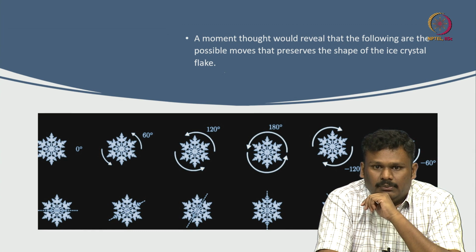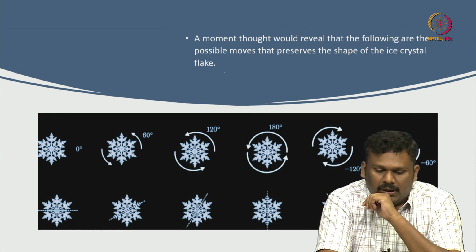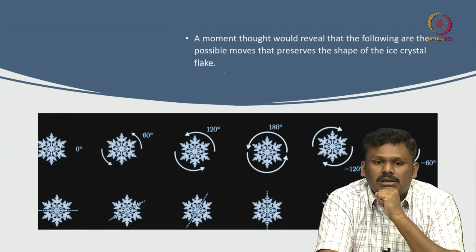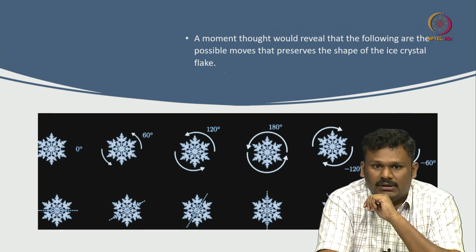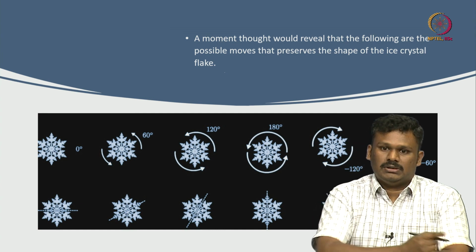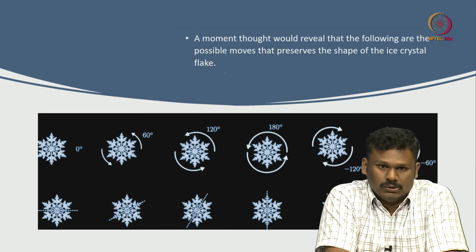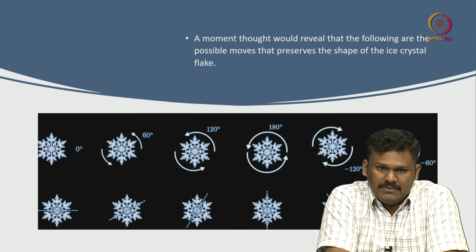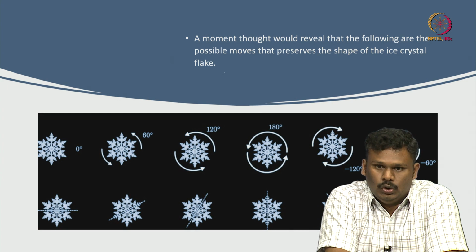But what is the most difficult part here? Actually convincing yourself that these are the only possible moves that we can perform on this particular ice crystal flake. We will come to this later when I introduce what is called the dihedral group. Sometimes it is denoted by Dn, but the order of the group is 2n, so I prefer to denote it by D2n.